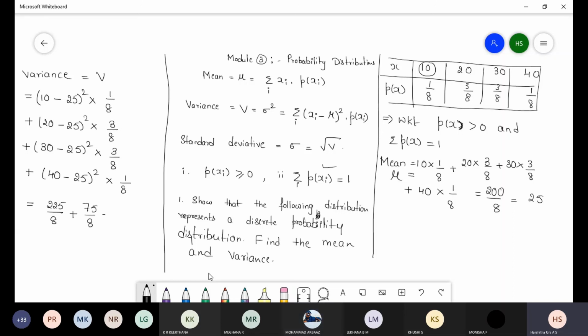Next, again 30 minus 25 is 5, 5 square is 25, 25 into 3 is 75 divided by 8. Last one, 40 minus 25 is 15, 15 square is 225, 225 into 1 is 225 divided by 8. The final answer is 75.